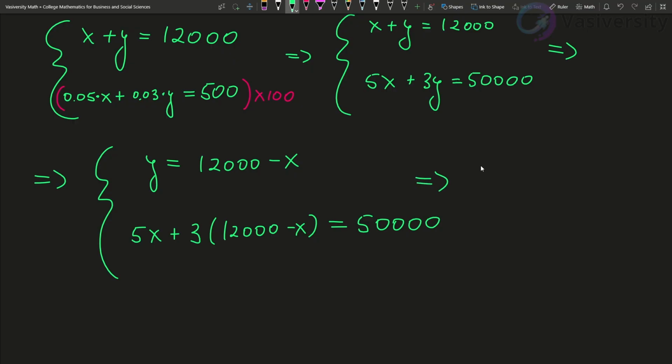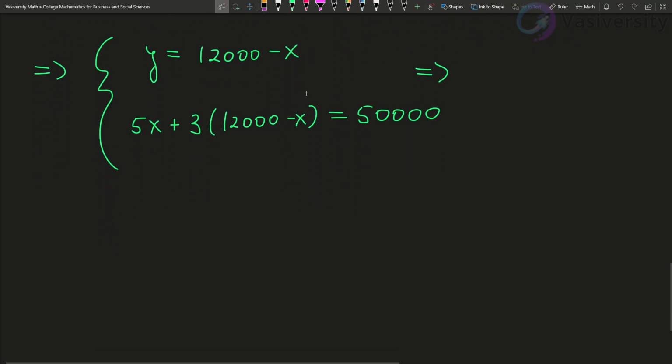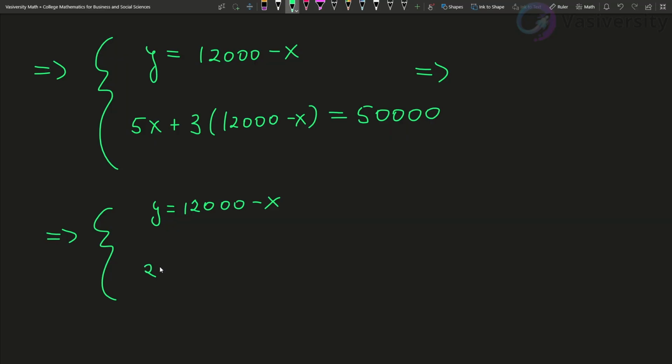So now let's go ahead and solve for the x value. Here we have y is equal to 12,000 minus x, and here we're going to have 5x minus 3x, which is 2x, is equal to 50,000 minus 36,000.